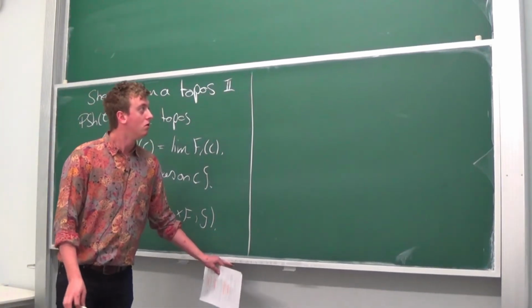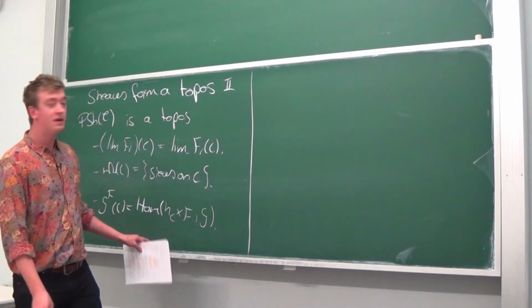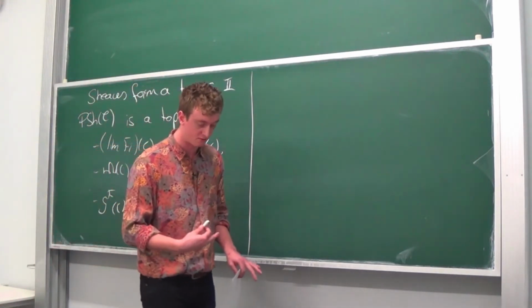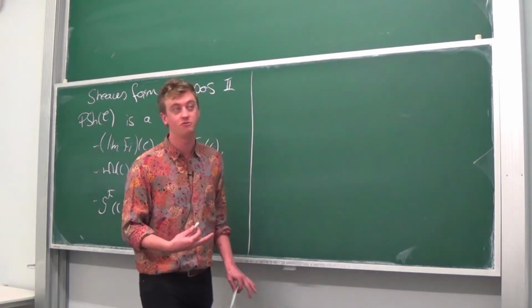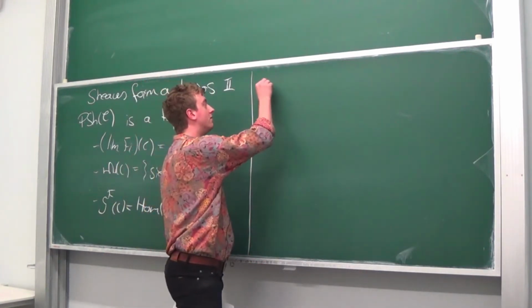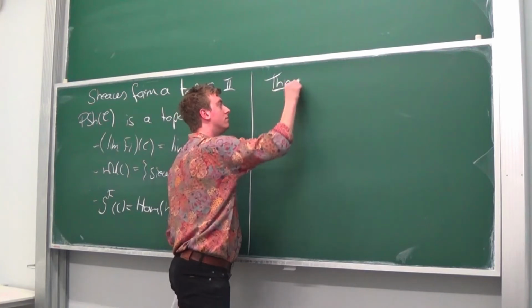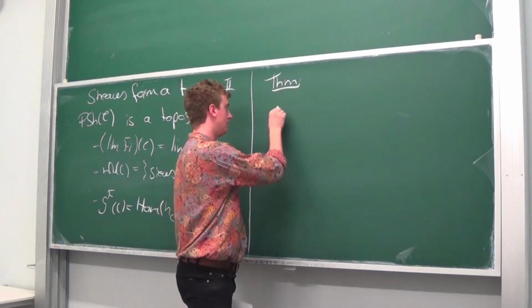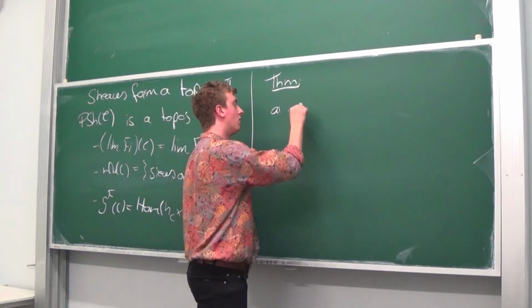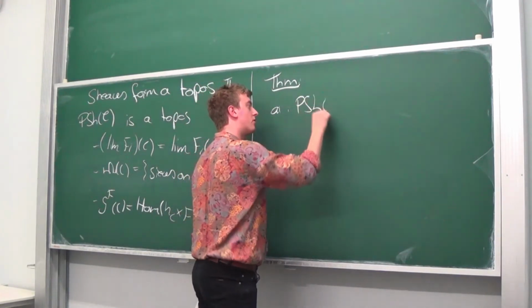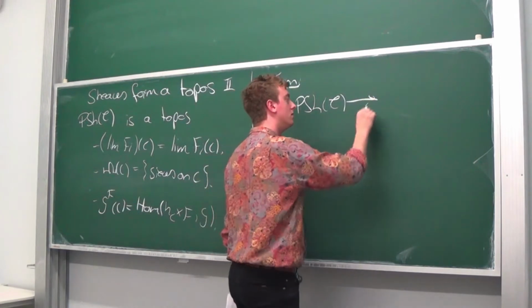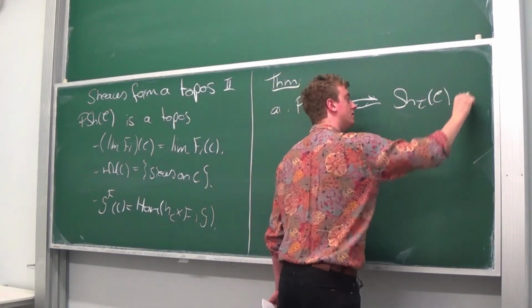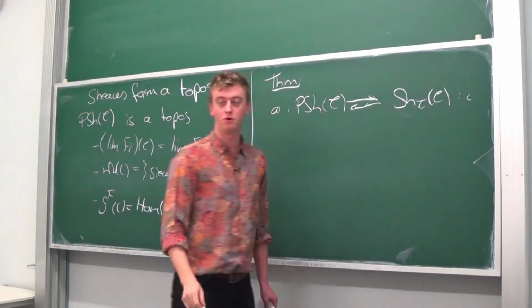After that, we decided that we wanted to show that sheaves were a topos, so we needed some form of bridge. And we discussed the process called sheafification, or the associated sheaf functor. So what we arrived at was a theorem that there is an adjoint pair, A, going from presheaves on C to sheaves on C with the chosen Grothendieck topology.